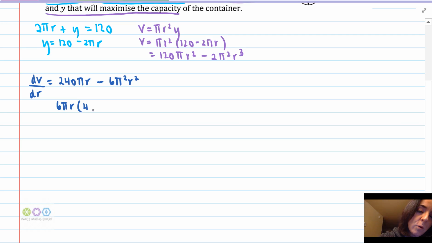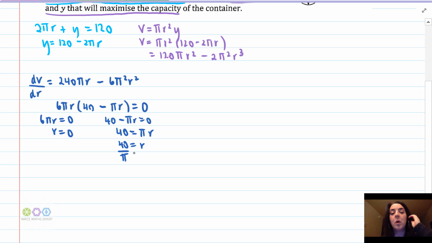So here we've got 40, subtract, and then here we're left with pi r is equal to 0. So in the first instance, we know that 6 pi r equal to 0 leaves us with r equals 0. And so that is not a solution that we'll examine any further. On the other side, we have 40 take pi r is 0. So 40 is pi r, and r is 40 over pi.